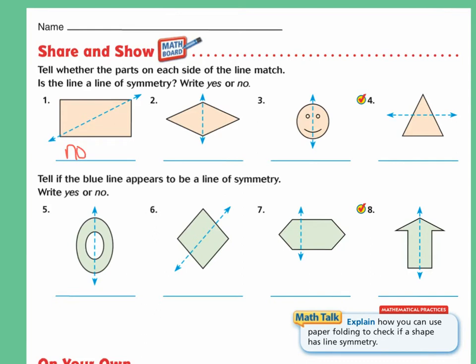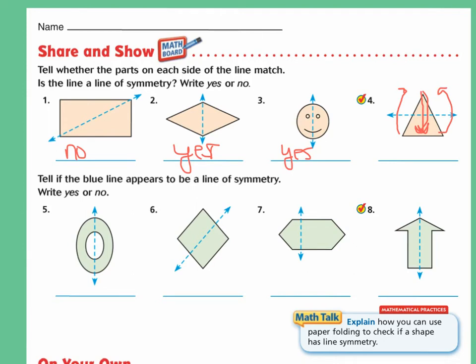Number 2, I do see we have 2 identical sort of turned triangles there, so that would be a yes. We did our smiley face earlier, so that would be a yes. Number 4, our triangle, if I were to fold this point over, and if I were to fold the bottom up to the top, it's not gonna match exactly.